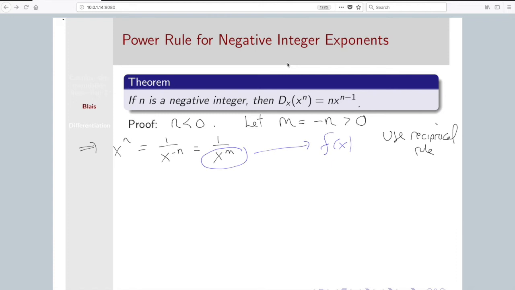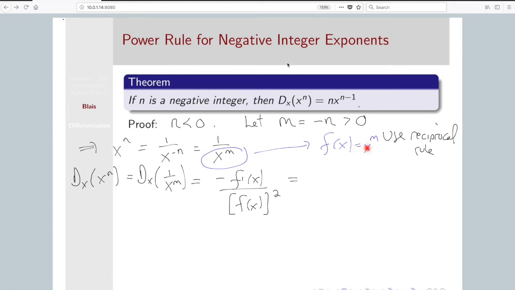So the derivative of our x to the n is the derivative of 1 over x to the m. And our reciprocal rule said that's minus f prime of x over f of x squared.